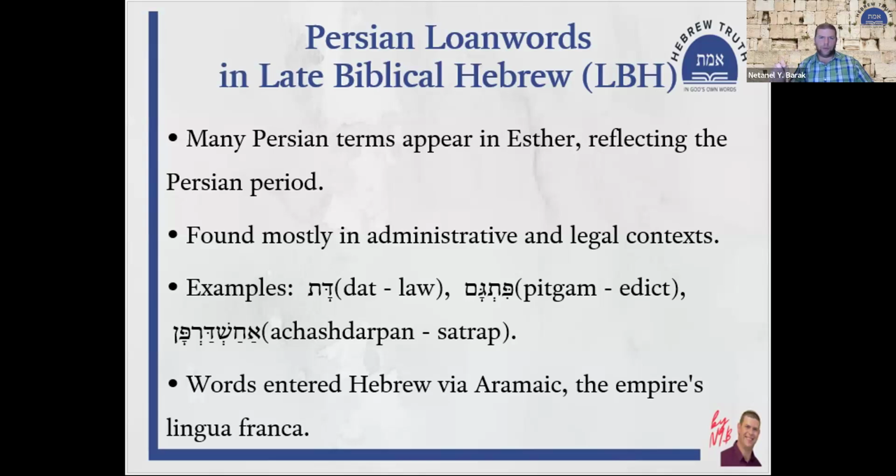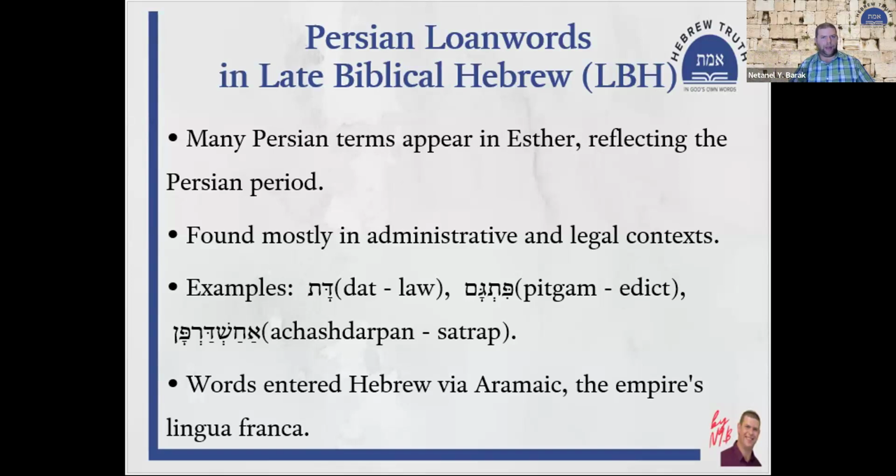There is also another advantage, so to speak, to finding Persian words in a biblical text. Prior to the Persian period, which starts with the Persians defeating the Babylonians, essentially, and inheriting Israel in that region, we don't have a direct contact between the Hebrew culture and the Persian culture.